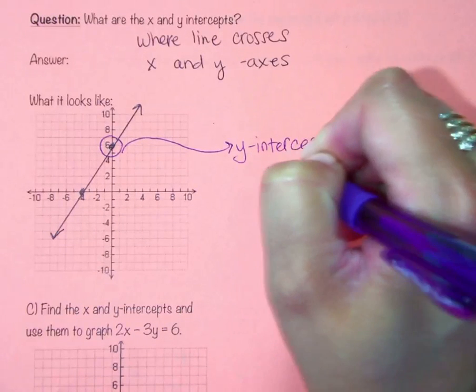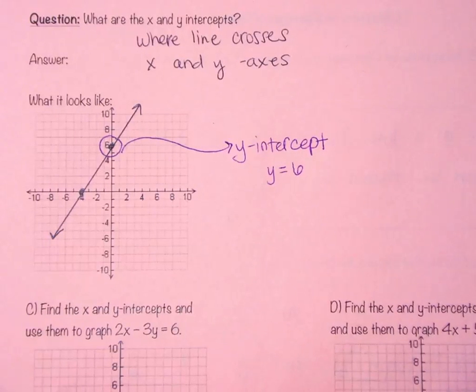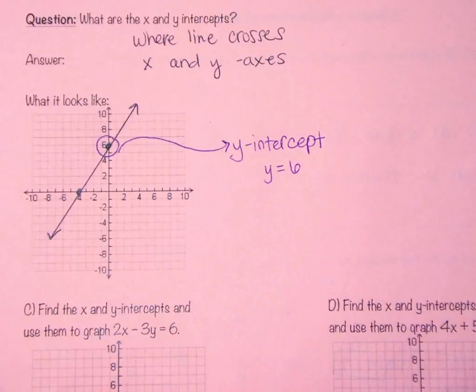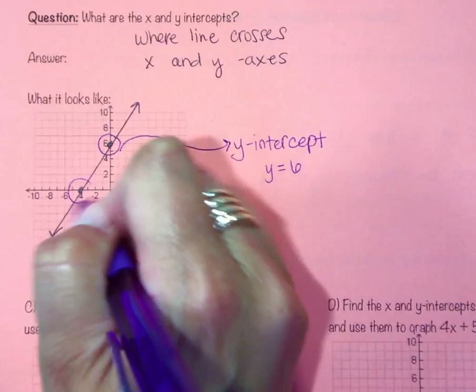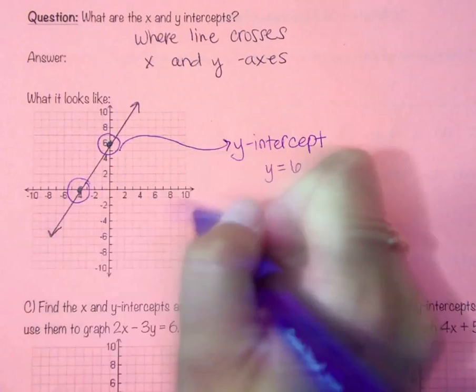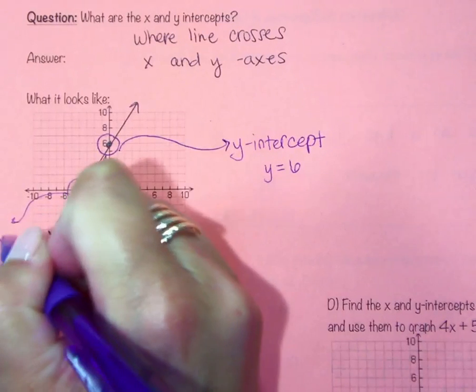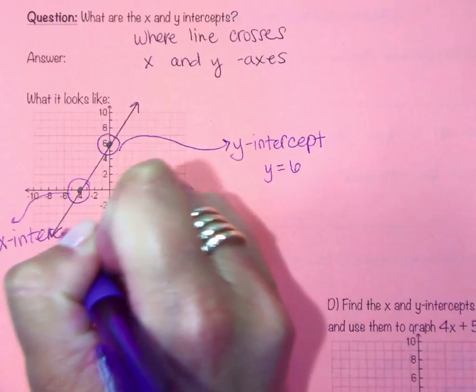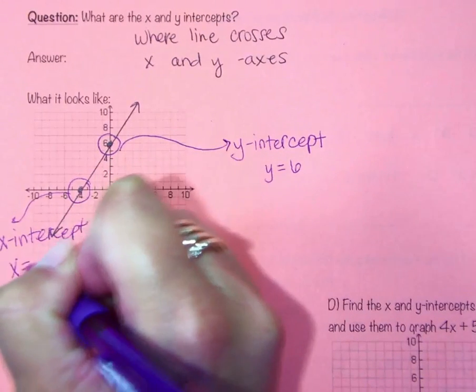We would say that y equals 6 here. And where that line crosses the x-axis is our x-intercept. And we would say that x equals -4.